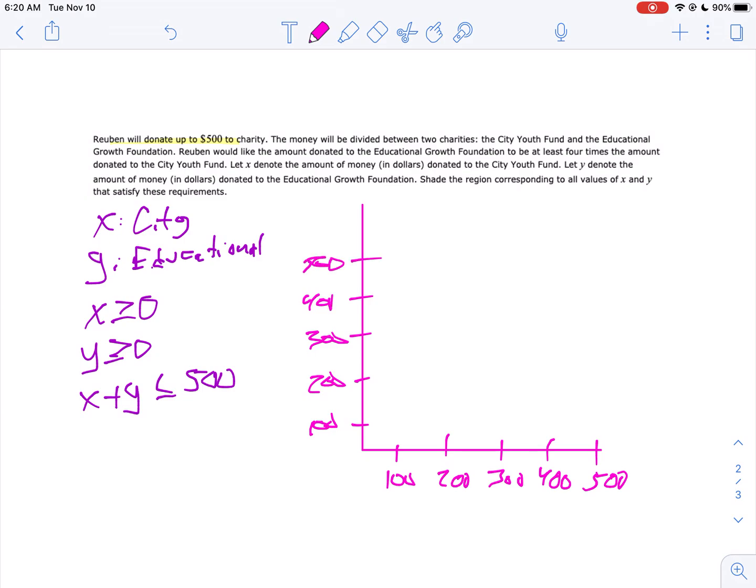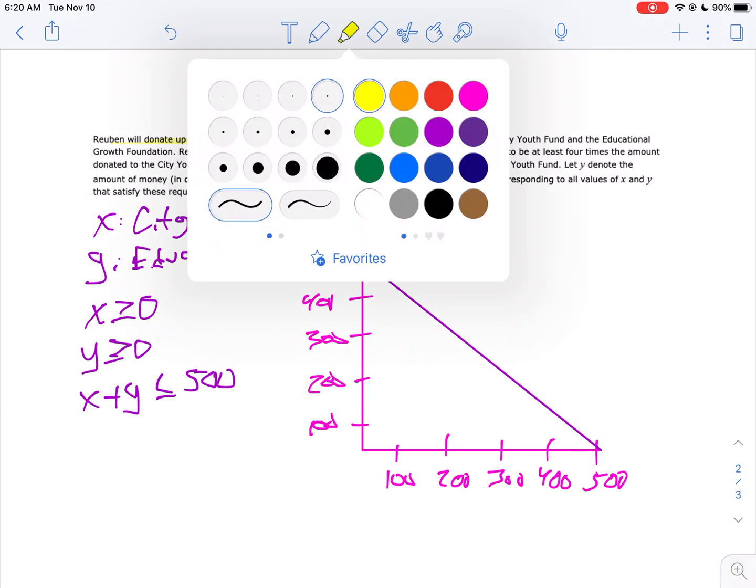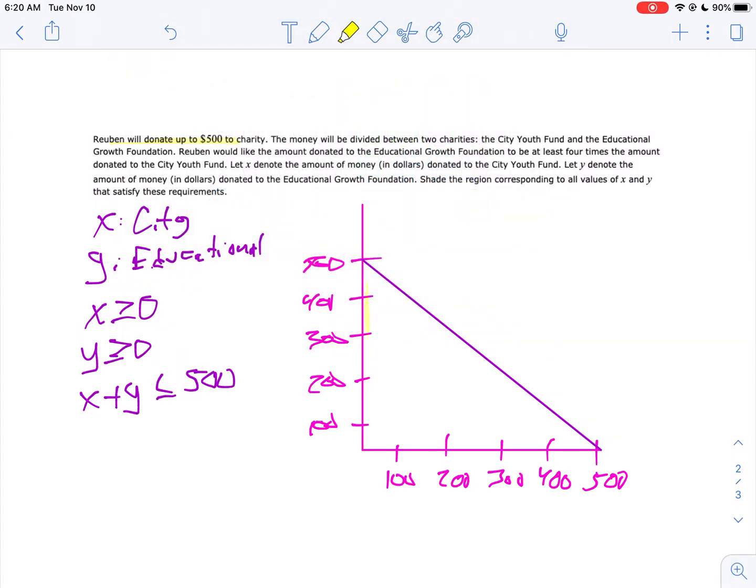I'm going to use my X and Y intercepts. My X intercept is 500, my Y intercept is 500. So what we'll do is we'll graph that line. And since I know X is greater than 0 and Y is greater than 0, I know the part that I'm going to shade here is going to be less than 500. So it's going to be in this region right here.